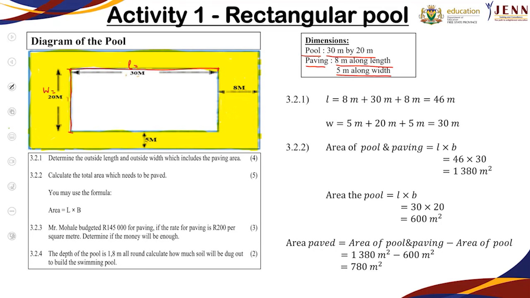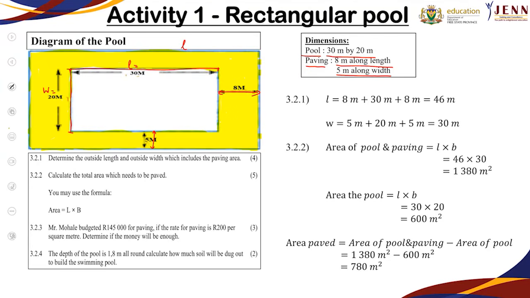Now, my yellow part that you can see around the pool, that is the paving that they're talking about. And what did they say about the paving? It's 8 meters along my length. This is the length. So remember, the length is the longest of the sides, right? So that's why the 8 meter is along the length of the pool. And then they say the 5 meter, which is the shortest side, is along the width.